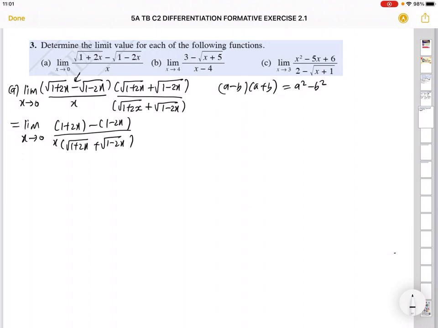Now, notice we can cancel out. 1 minus 1, 0. 2x minus minus 2x, so it's 4x here, with the x, with a bracket 1 plus 2x plus 1 minus 2x. And I can cancel my x. So I'm left with 4.